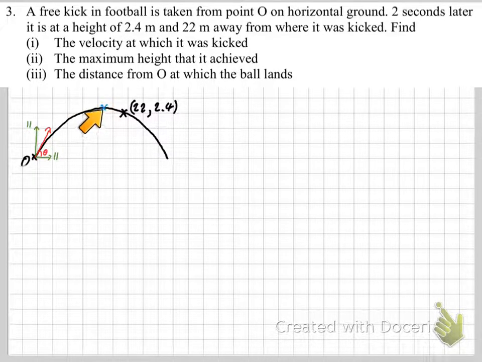Now we don't know either of those coordinates here, so we can't do what we did with the 22, 2.4. But what do we know is true at the maximum point? If you draw a tangent there, it would be horizontal, 0 gradient. In other words, there's 0 y component of the velocity at this maximum point.